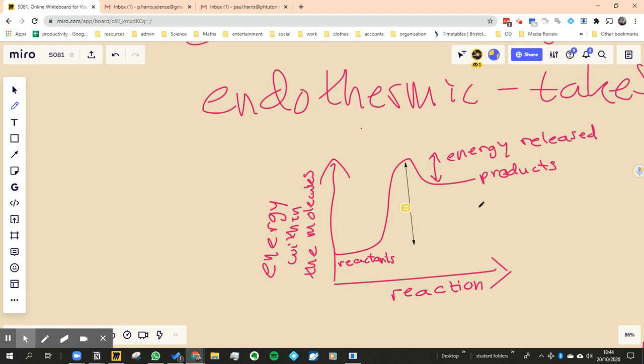And that's because when you make the products, let's think about it. What's the best way to demonstrate this with a diagram?